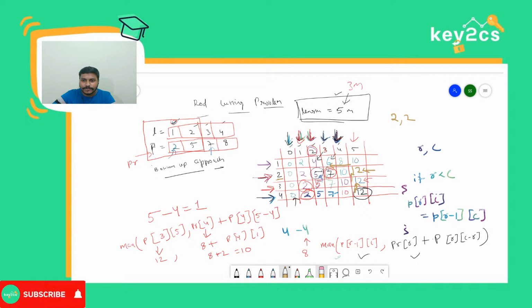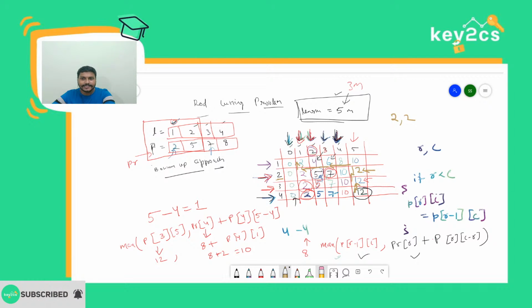Again you decrease by 2. So from 3 meter, if you decrease length 2 meter, you would reach 1 meter, at column 1. Now you compare whether you have copied the previous value. Yes, you have copied the previous value. Previous value is also 2. So you move up.